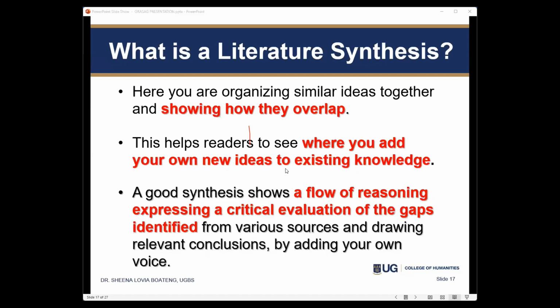So in that regard, when you are doing your literature synthesis, you are basically looking at the places where the literature overlaps and where they contrast, and where you can be able to introduce new ideas to try and address the problems that you have identified in terms of this overlapping and contrasting arguments relating to the issue or the theme that you are trying to focus on.